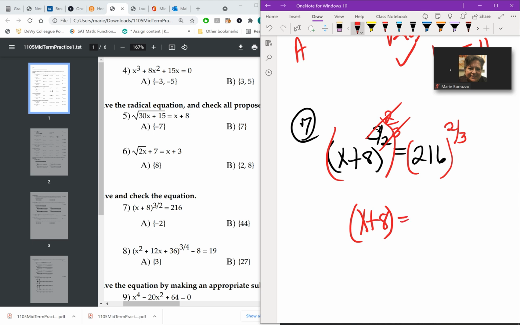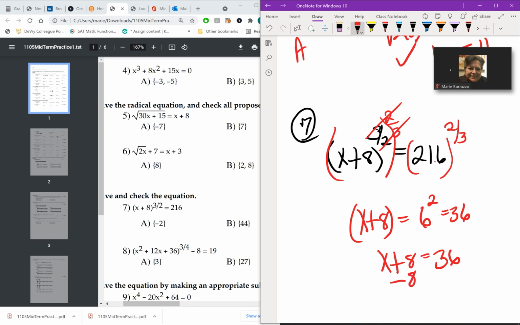Here you have 216, and if I'm taking the cube root of 216, that should give me 6 to the second power, which is 36. So I have x + 8 equals 36.